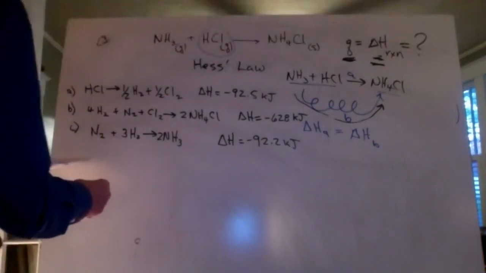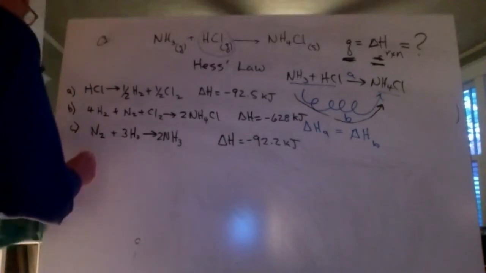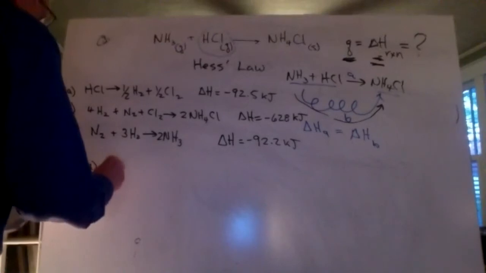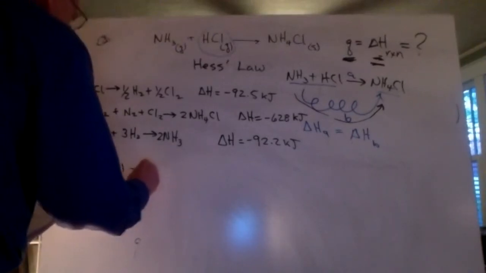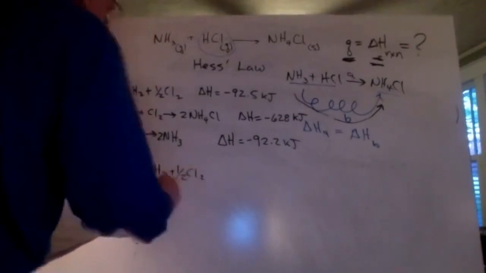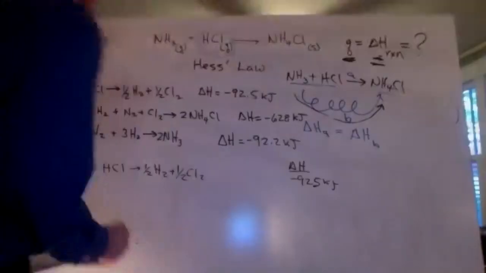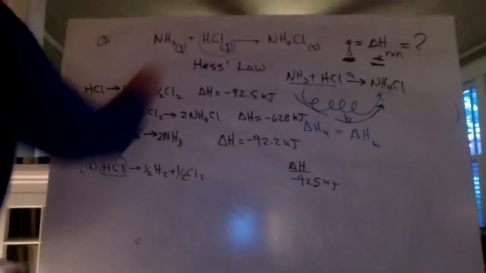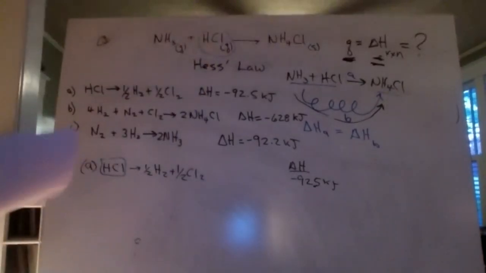So we're going to take A and write out HCl goes to 1/2 H2 plus 1/2 Cl2. And we know that the heat of that reaction, delta H, is equal to negative 92.5 kilojoules. And that'll give us our HCl. We have to have that 1 mole of HCl as a reactant.